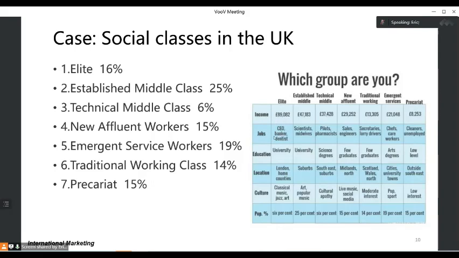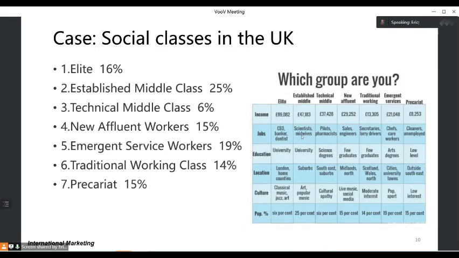It's about chief executive officers, bankers, dentists. It's like America. The established middles: scientists, midwives. Whoa, midwives can get so much money in England.